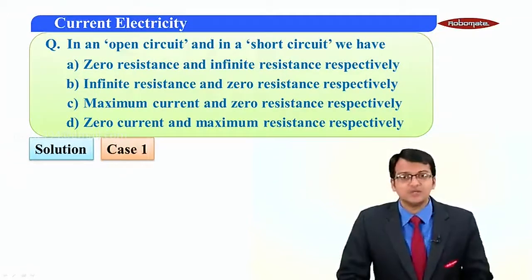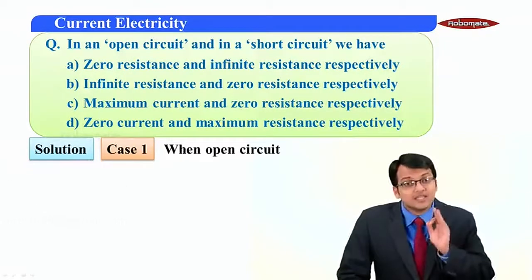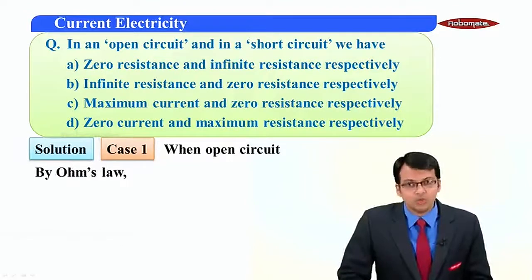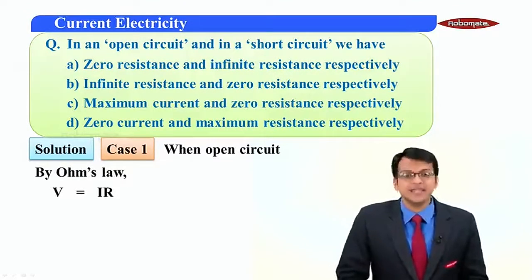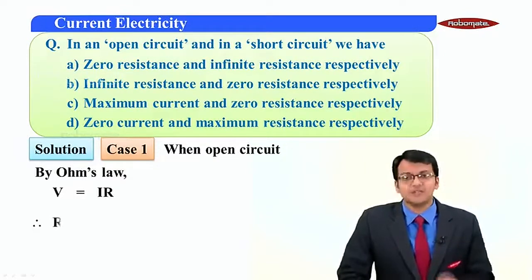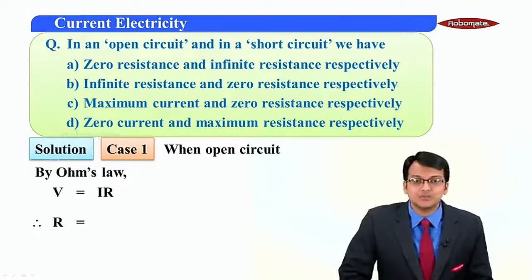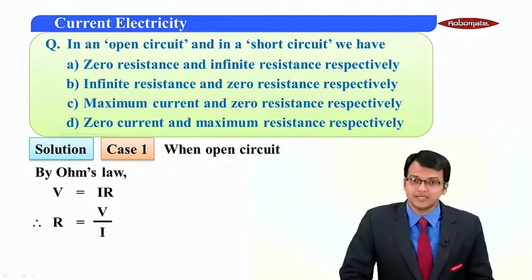Going to the solution, when we consider an open circuit, by Ohm's law I have V is equal to IR. Yes, dear students? Perfect. So I can also write resistance to be voltage upon current.